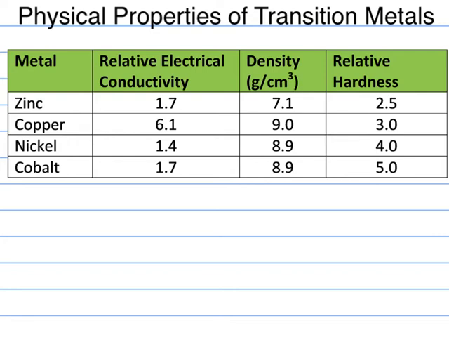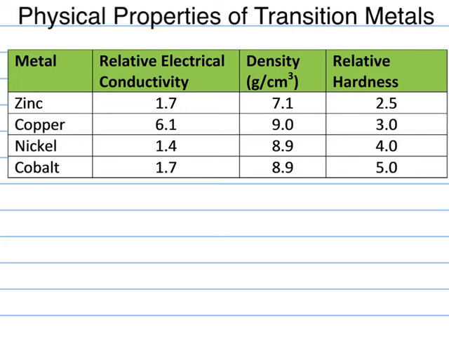Now, all metals are able to conduct electricity, and we can see here copper has got the highest electrical conductivity, and we saw why that is when we looked at the metallic bonding earlier on. In comparison with the alkali metals, they're also very dense. You can see here that the numbers are very high for that density, and we can also see the relative hardness is also fairly high.